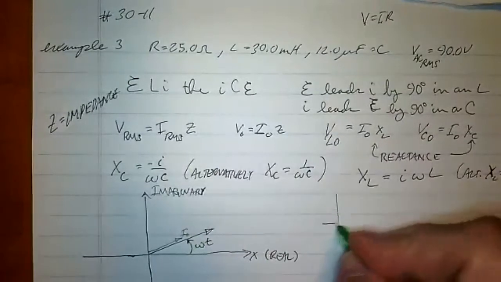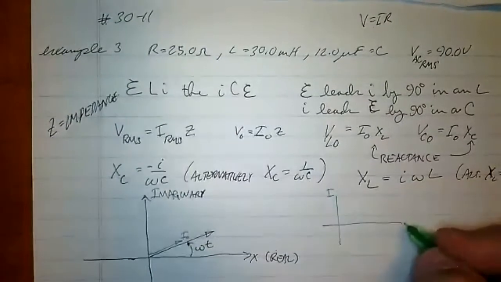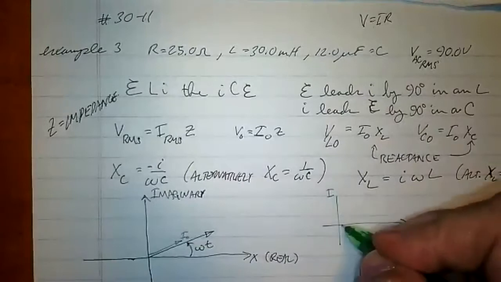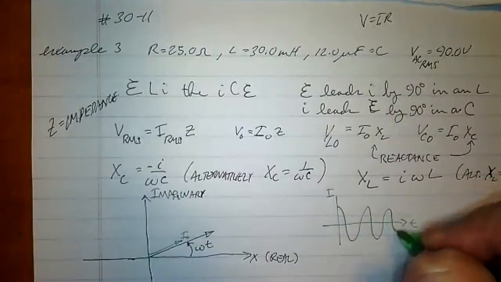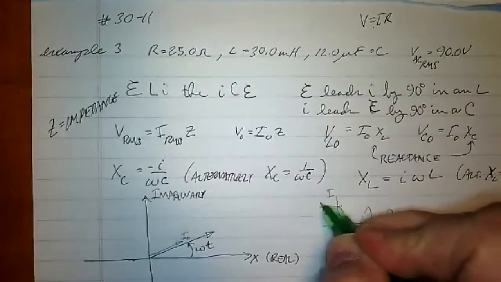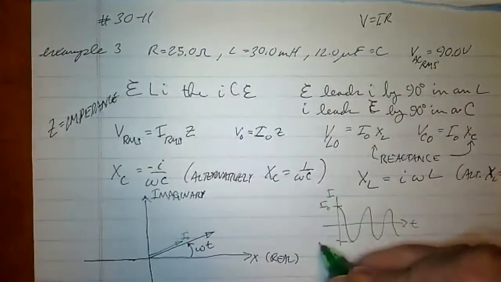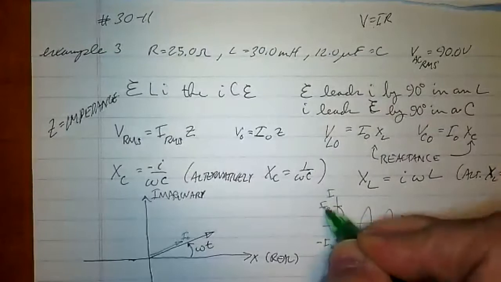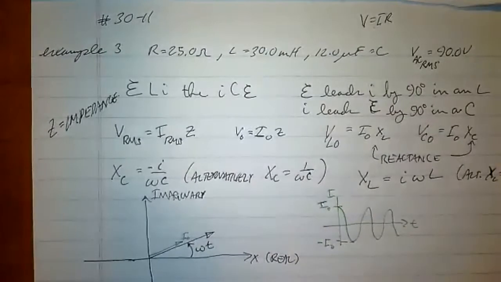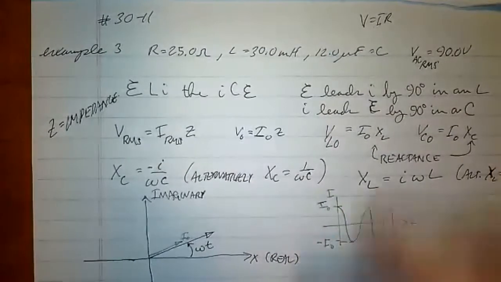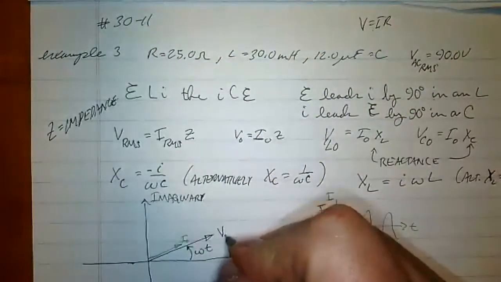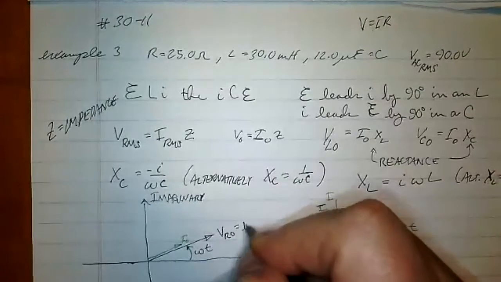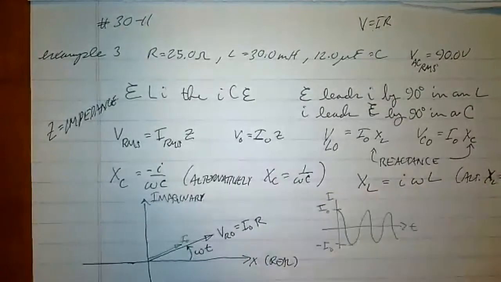If you made a graph of I versus t, and it looks something like this, okay, that's I0, and this is negative I0. So that's all that means, is that little thing there is I0. But this quantity right here, this whole length, is VR0, which equals I0 times just the resistance.